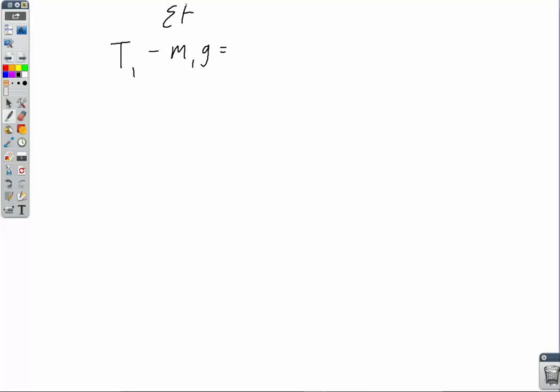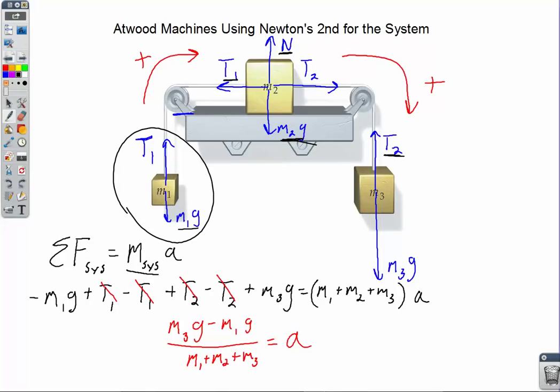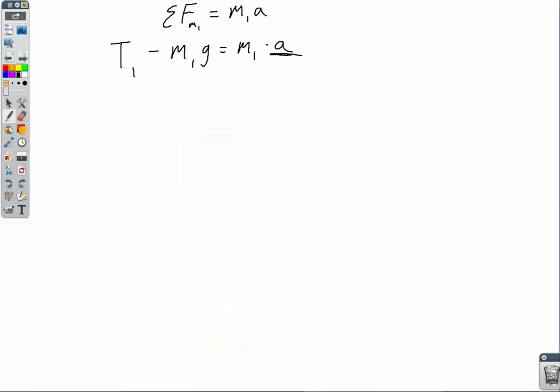The sum of the forces acting just on M1 is equal to just M1 times its acceleration. So we've got M1 here times A. What's A? A is the thing that we just solved for in the previous. So plug in that lovely expression that we already found for A to this, and you've got an equation now that will give you T1. So T1 is equal to M1A plus M1G.